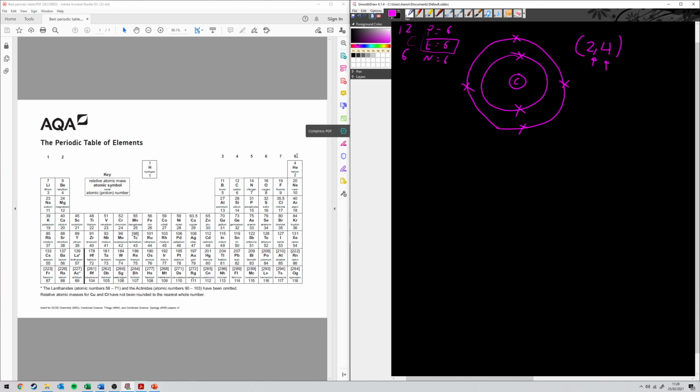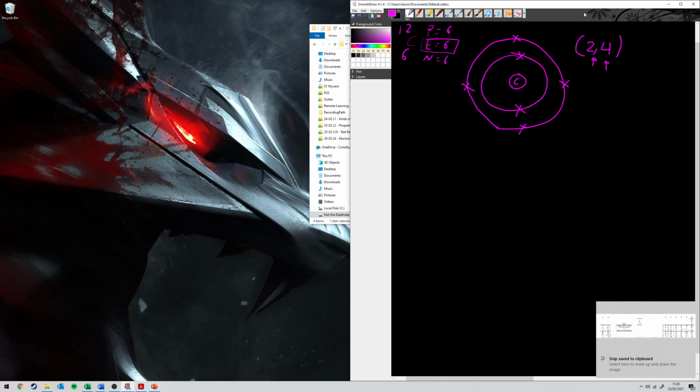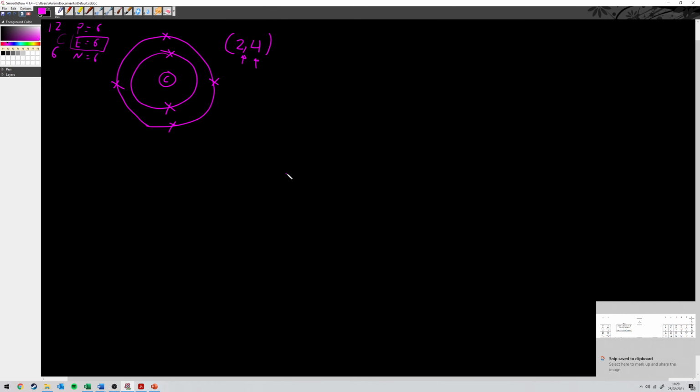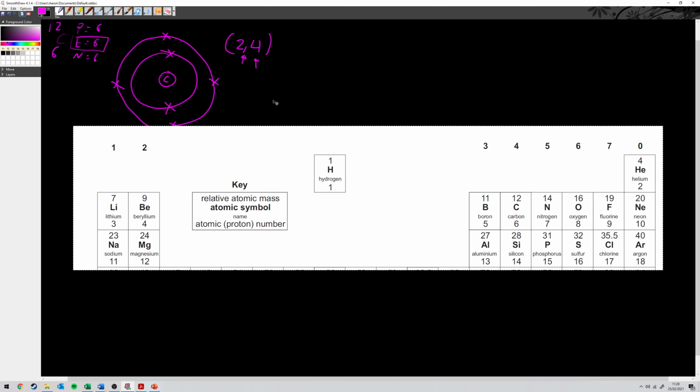Now there is a little cheat way of figuring out how many electrons are in something. Now we know carbon has this many electrons in because we've just done it.